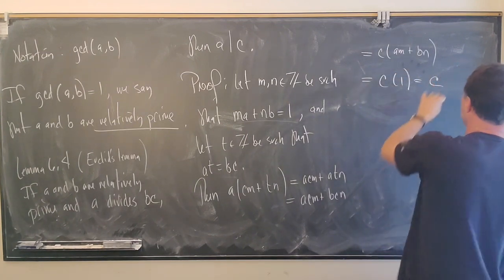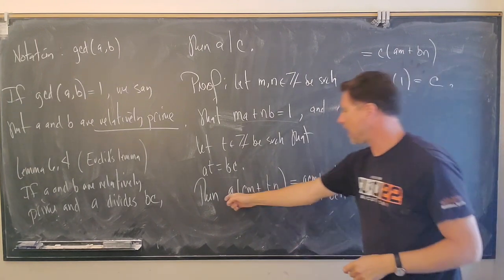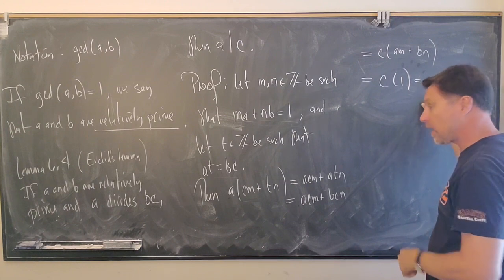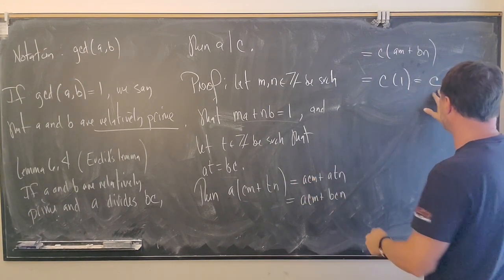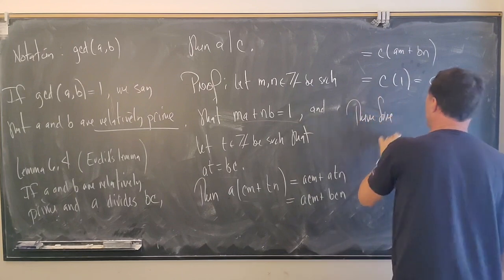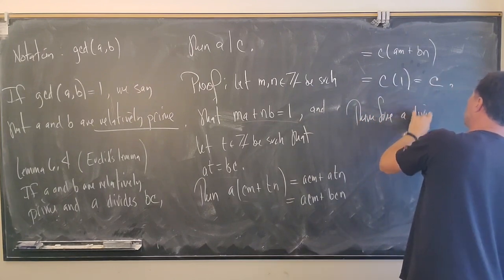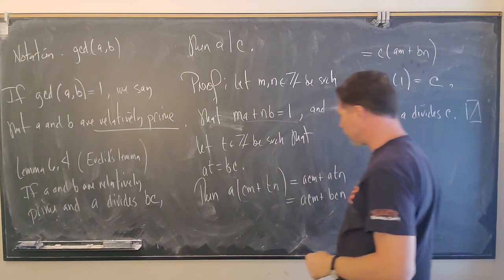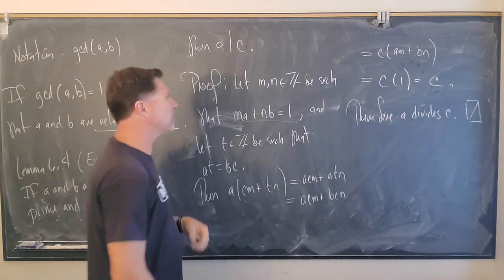So what do we have then? We have A times this integer right here is equal to C. A times an integer equals C. We could say, therefore, A divides C. That's kind of a nice proof. Now, there's a little bit of a trick here.